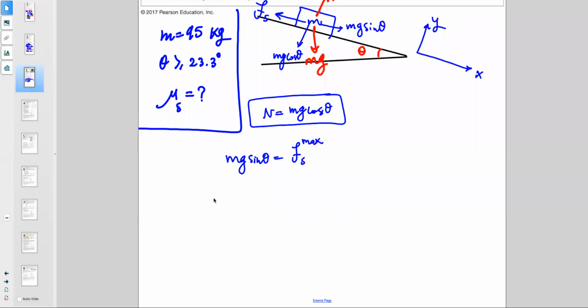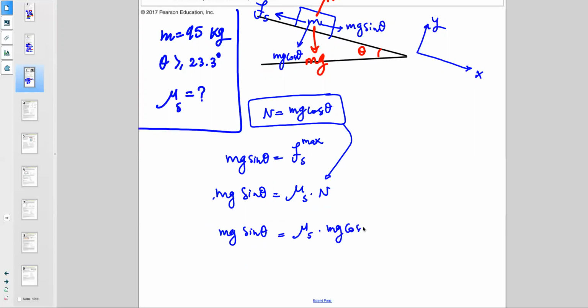Okay, so mg sine theta should be equal to mu s times N, and I know where this N is coming from. That's where I'm going to use it. So mg sine theta equals mu s times mg cosine theta.